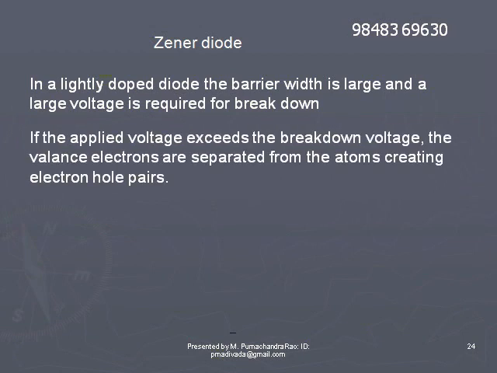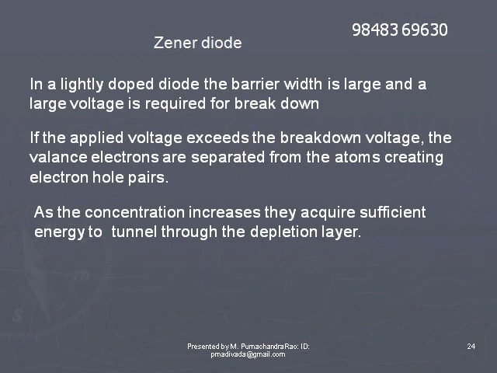The breakdown occurs only when the applied voltage exceeds the breakdown voltage. In this stage, the valence electrons are separated from the atoms, creating electron-hole pairs.